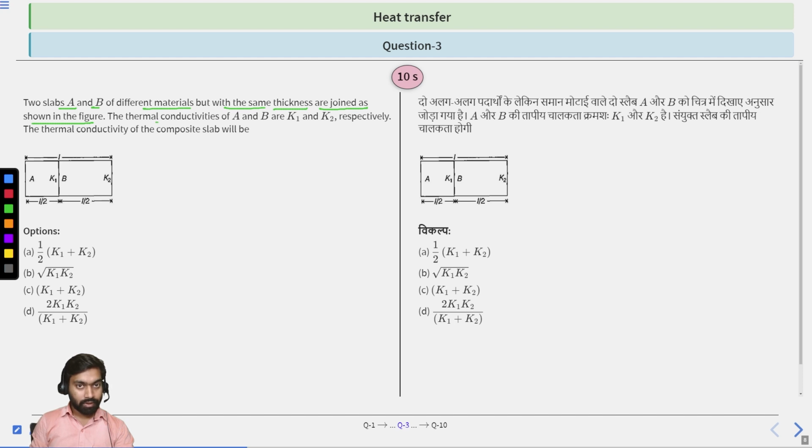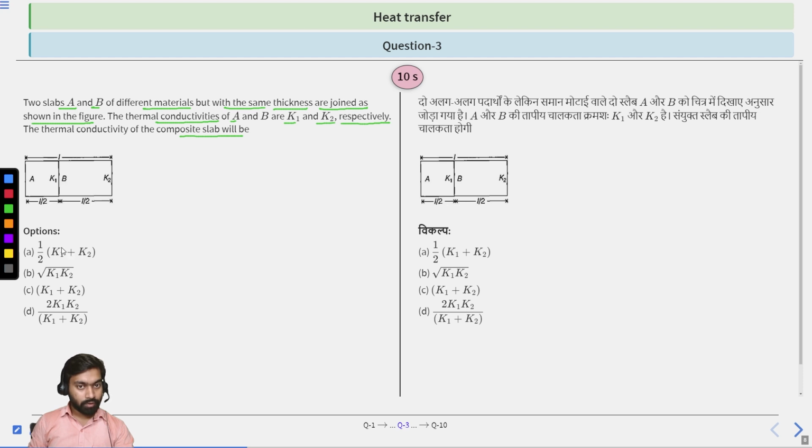The thermal conductivities of A and B are K1 and K2 respectively. The thermal conductivity of the composite slab will be what? So this question asks about the thermal conductivity of the composite slab, A and B joined.